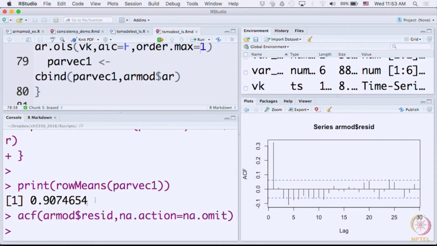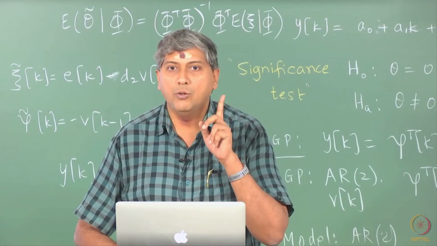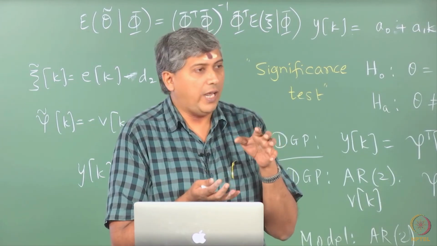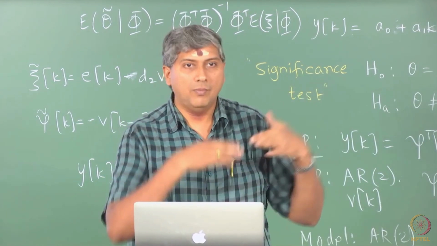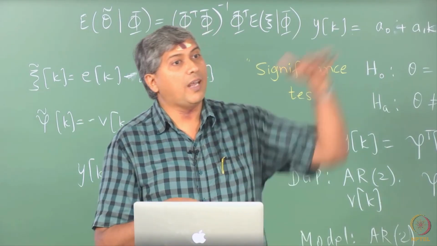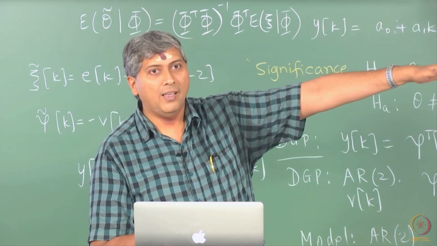The reason for supplying this na.action is something I have explained before. Yesterday we talked about this: when you set up the regressors for AR modeling, you start from 2 if it is AR2, and from 1 if it is AR1, but the residuals are calculated from 0 onwards.